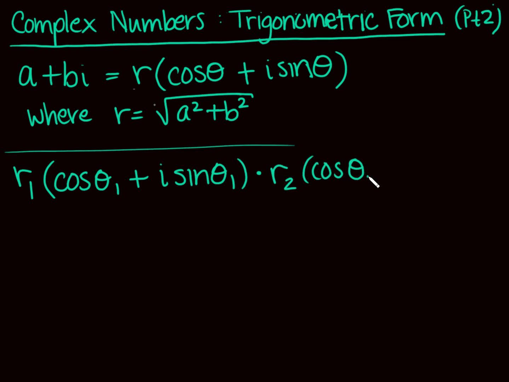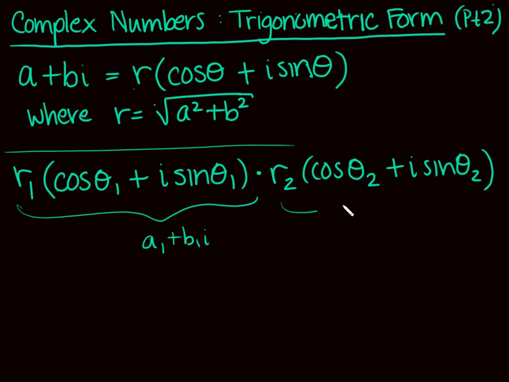They're distinct. They could be the same number, but they don't have to be. So this represents maybe some number a sub 1 plus b sub 1 i, and this maybe is some other complex number, a sub 2 plus b sub 2 i, okay? So that's what we mean by that.